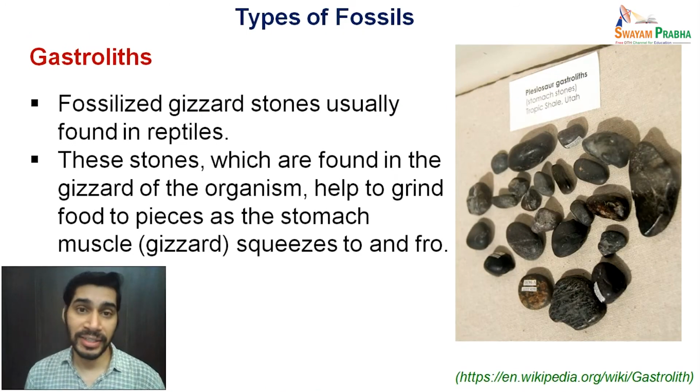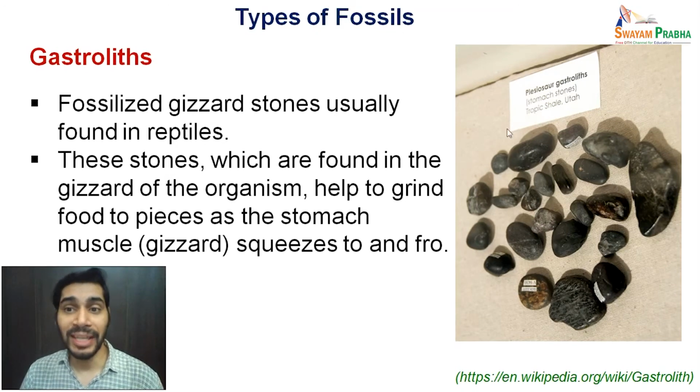Gastroliths is another interesting fossil type, which are nothing but fossilized gizzard stones, which are usually found in case of reptiles. Here you can see plesiosaur gastroliths. Gastroliths are nothing but these stones which are found in the gizzard of organisms that help to grind food to pieces as the stomach muscle squeezes to and fro, and they usually are found in case of reptiles.